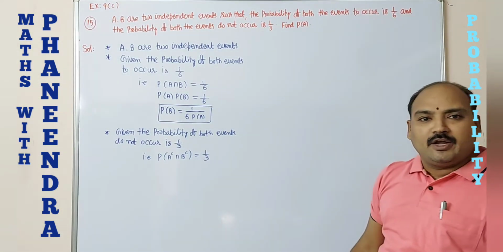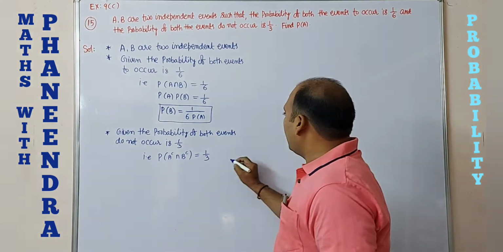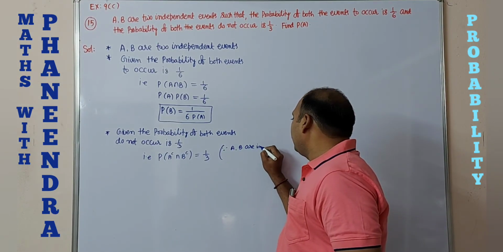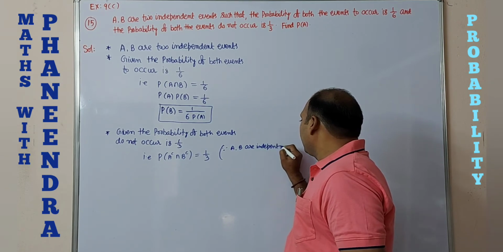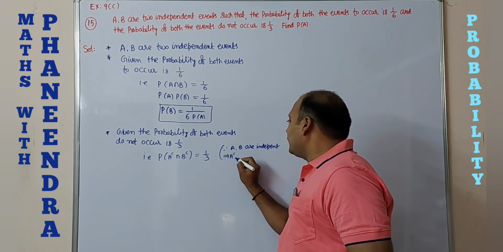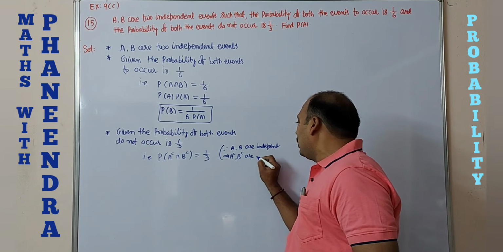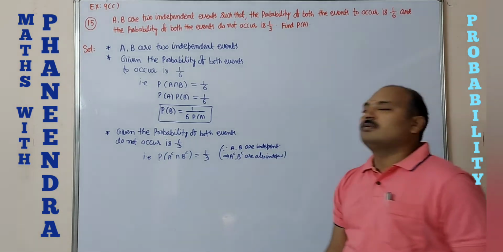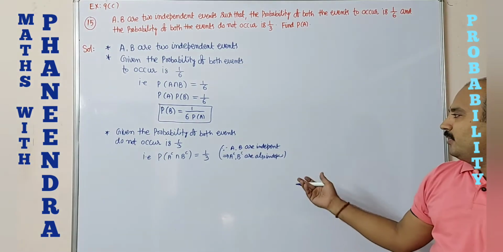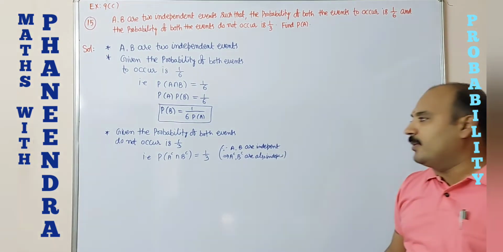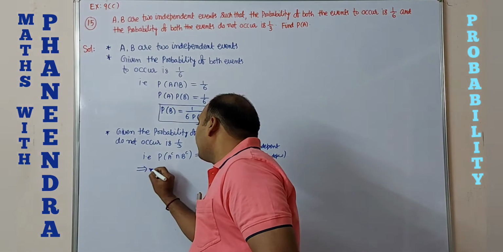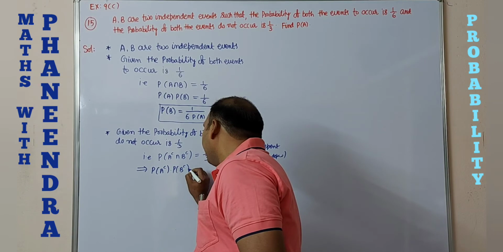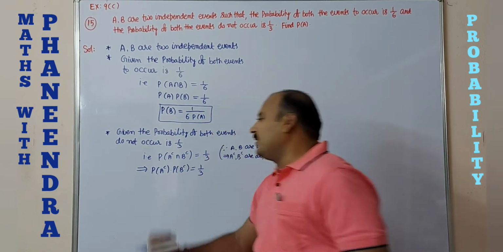Whenever they are independent events, since A, B are independent, that implies A complement, B complement are also independent. So we can express it as P of A complement into P of B complement is equal to 1 by 3.